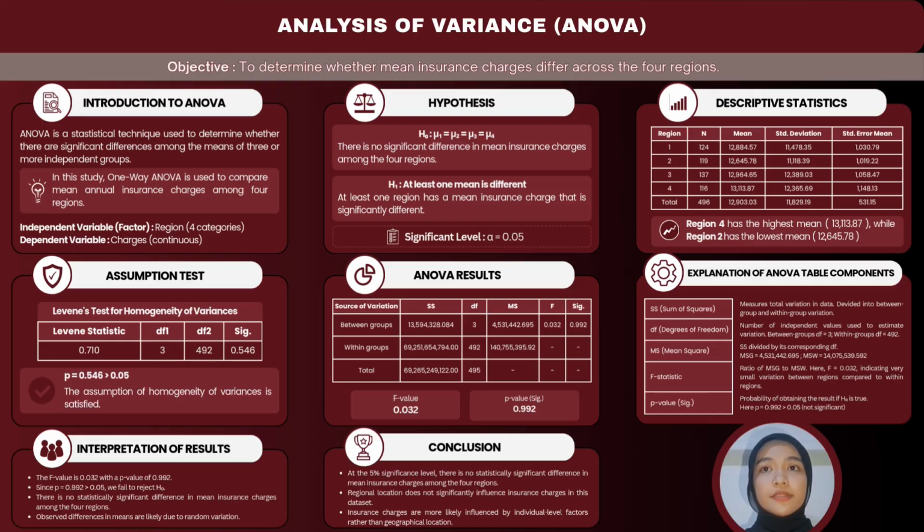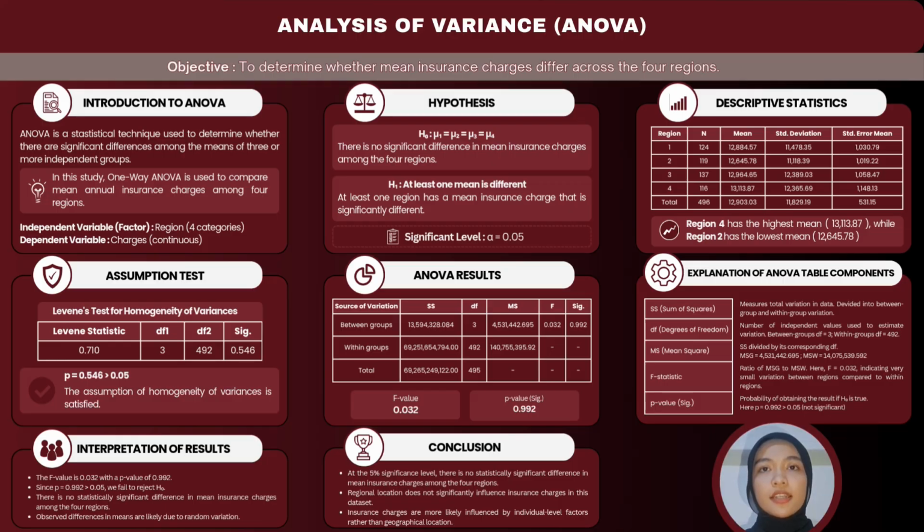Based on the descriptive statistics, Region 4 recorded the highest mean insurance charge at 13,113.87, while Region 2 recorded the lowest mean at 12,645.78. However, the differences between the regional means are relatively small.